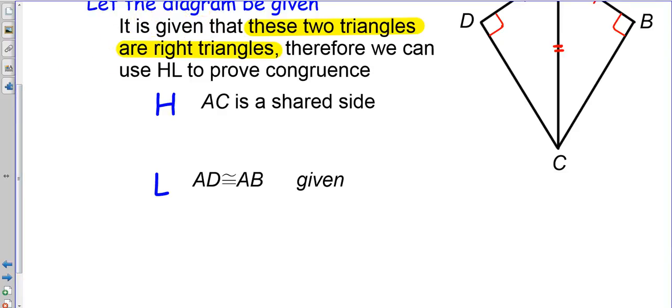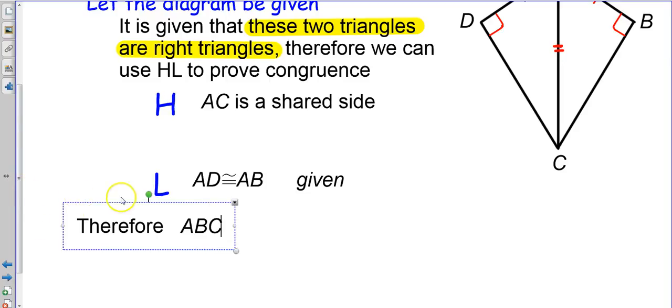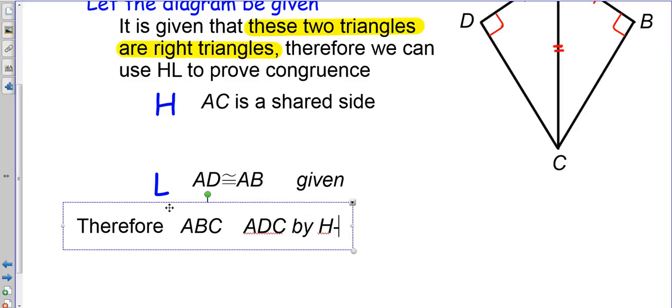We always end with a therefore statement or a conclusion. So therefore, we know that triangle ABC is congruent to triangle ADC by HL shortcut.